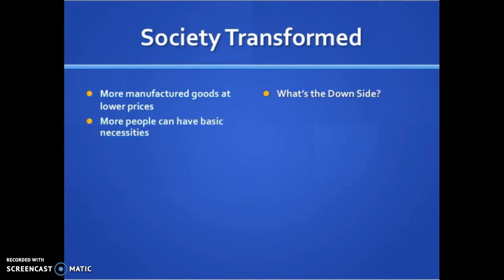This means also that more people can have basic necessities. More people will be able to afford basic things that they couldn't have afforded before. Things that might have been luxuries, like a second pair of shoes, are now affordable for more of the population. But there is a downside to the Industrial Revolution for a large portion of the population.